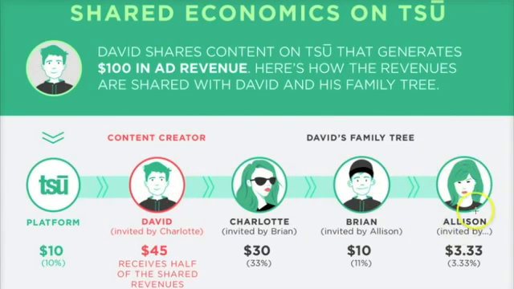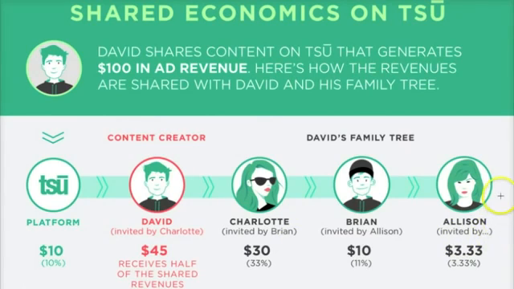So Allison was the original person on Sue here that invited Brian, who invited Charlotte, and then invited David. So this is actually Allison's family tree. So her child in this case would be Brian, and Brian's child would be Charlotte, and Charlotte's child would be David. Well, all of these people below are in Allison's network, but her child is just Brian, and Charlotte would show up as Brian's child. So that's how that works.